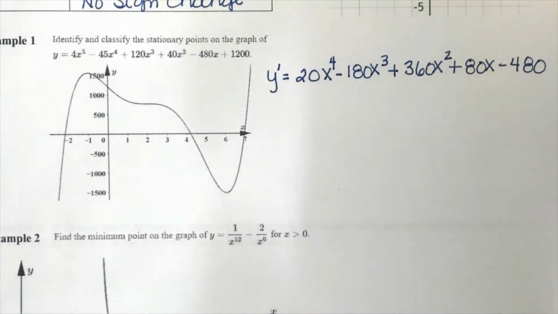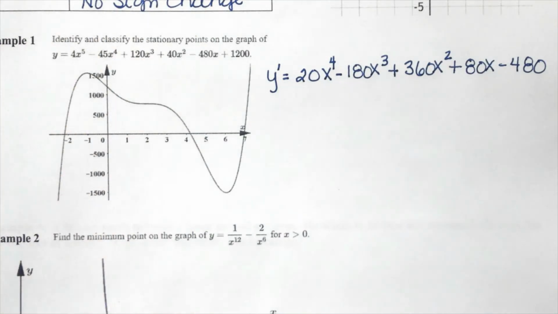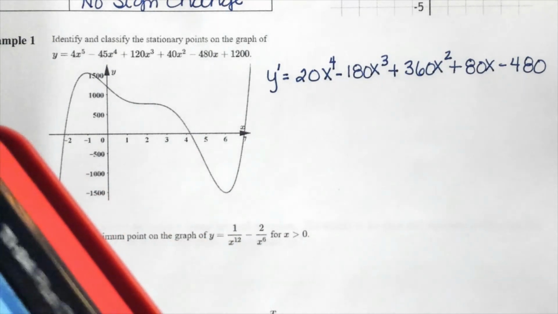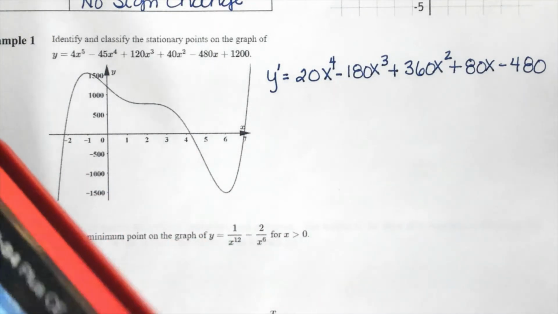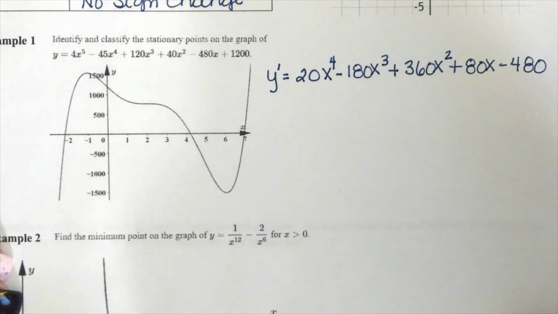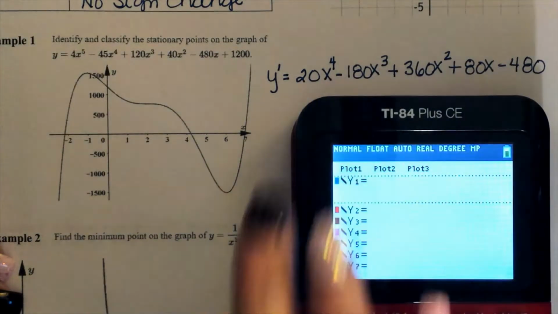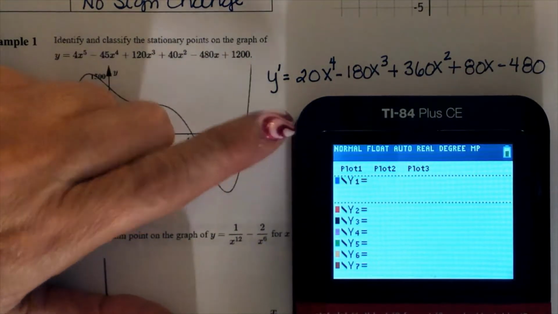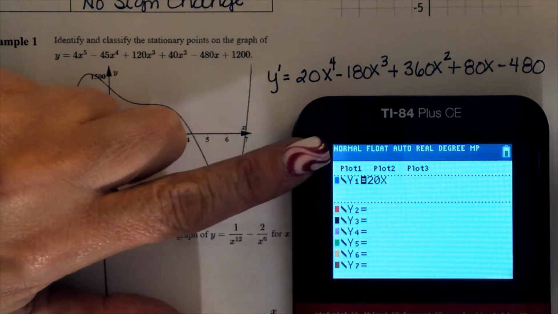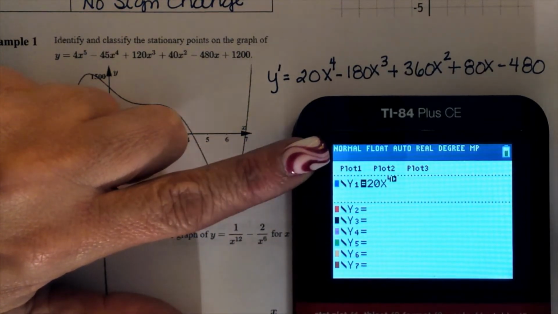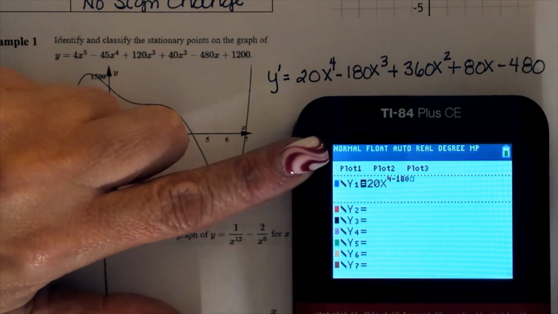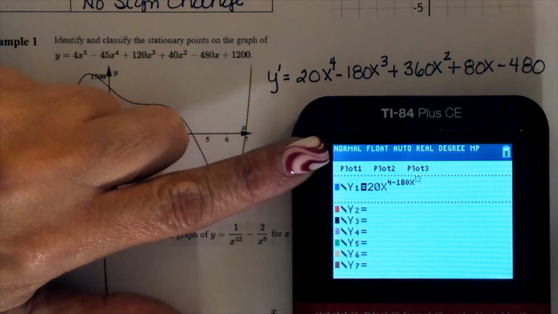All right, so I need to look at this and break it up into intervals so I can see what it's doing. Let me get my calculator out here. I'm going to put my derivative in my calculator. 20x to the 4th minus 180x to the 3rd. Oh, I did that, didn't I?